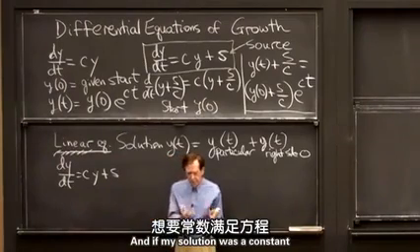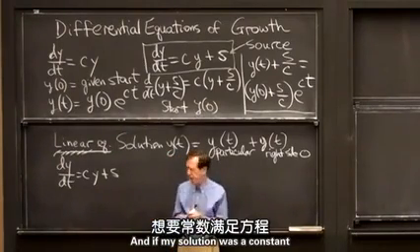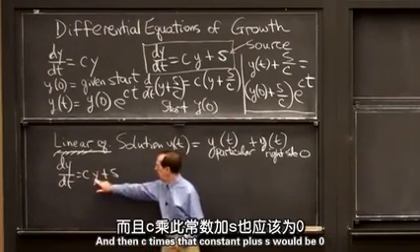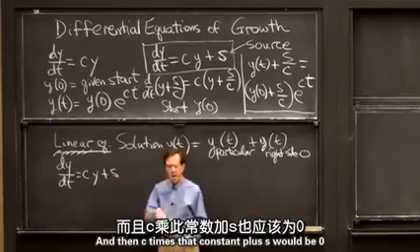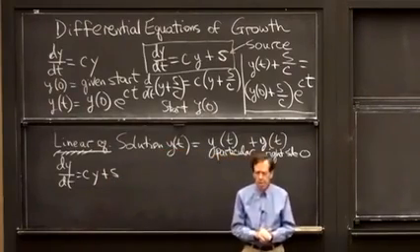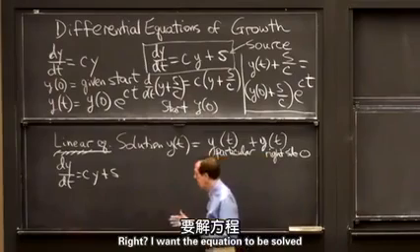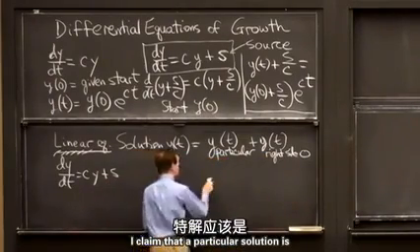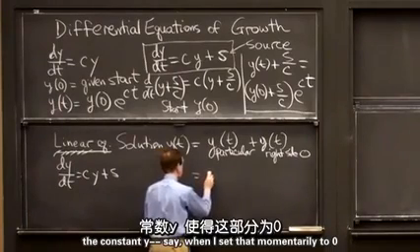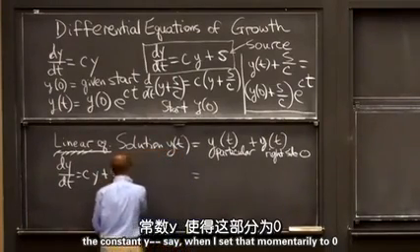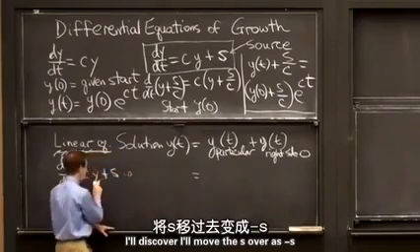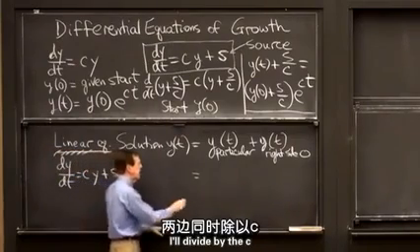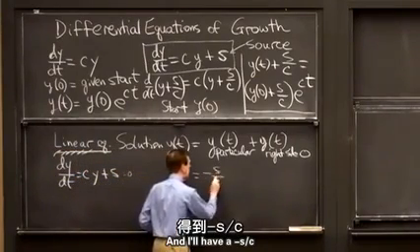And if my solution was a constant, its derivative would be 0, and then c times that constant plus s would be 0, right? I want the equation to be solved. I claim that a particular solution is the constant y, so when I set that momentarily to 0, I'll discover I'll move the s over as minus s, I'll divide by the c, and I'll have a minus s over c.